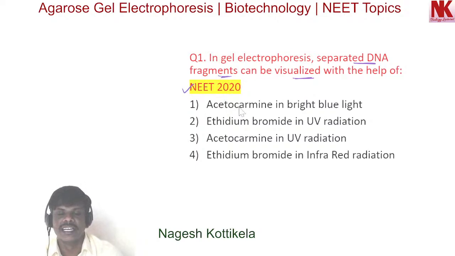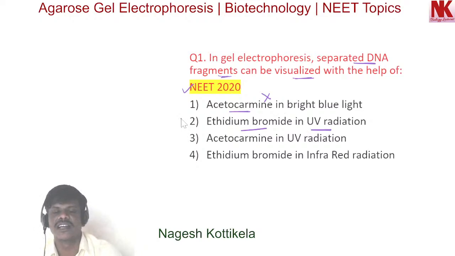Option 1, acetocarmine in bright blue light. No, acetocarmine is not used for staining DNA fragments in agarose gel electrophoresis. This is wrong. Ethidium bromide in UV radiation. Yes, this is correct.